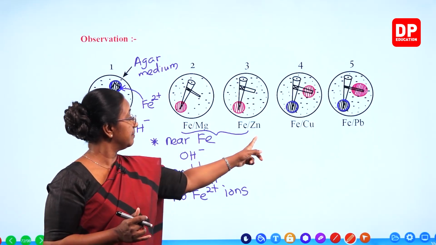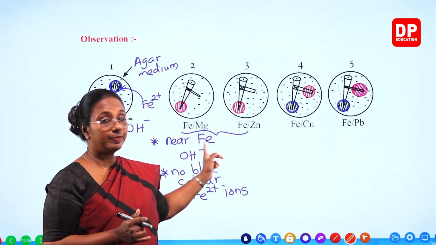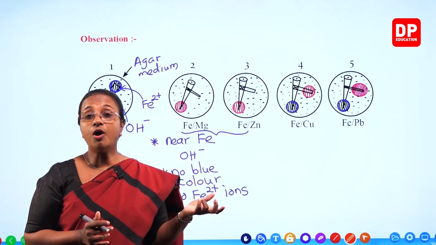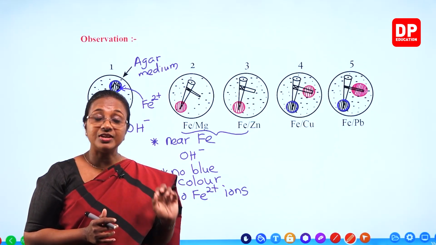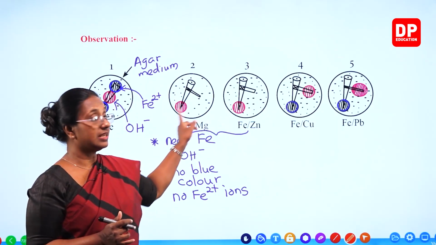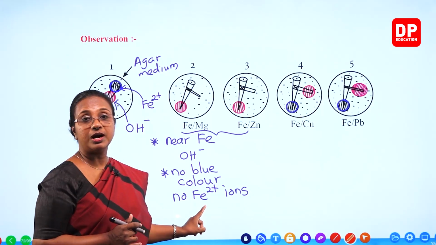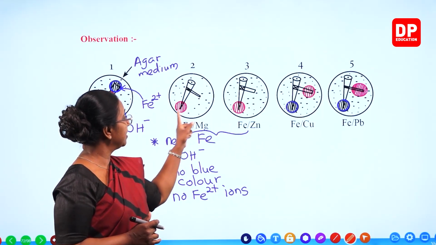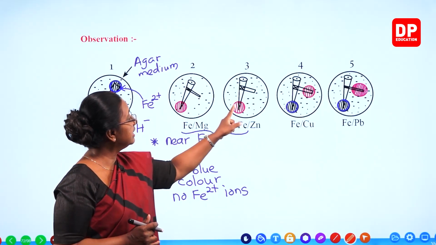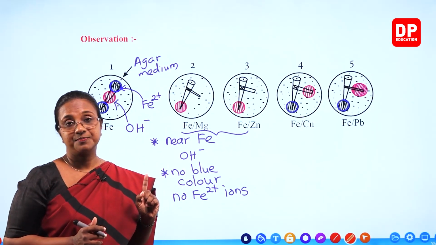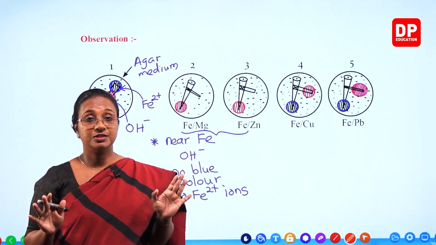Both magnesium and zinc in these two petri dishes undergo oxidation, whereas reduction takes place near iron. That is why you don't have the blue color, but you get the appearance of pink color near the iron nails. Is that clear, students?